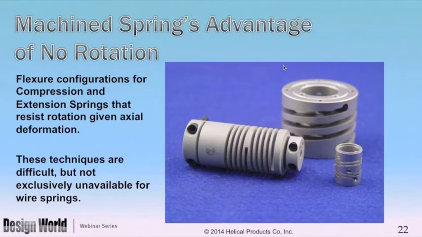Now these flexures could be wire wound flexures, but you would not get the attachments that are available. So both wire and machine springs can be made to provide no rotation.